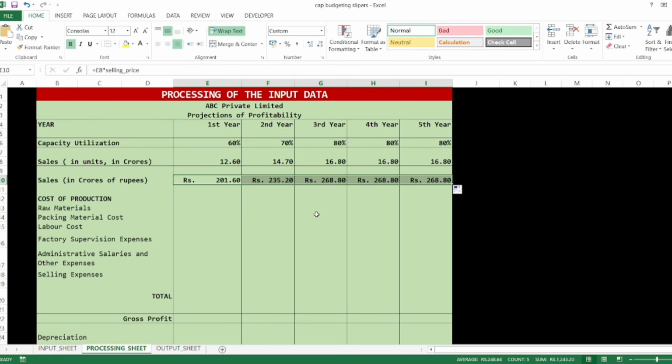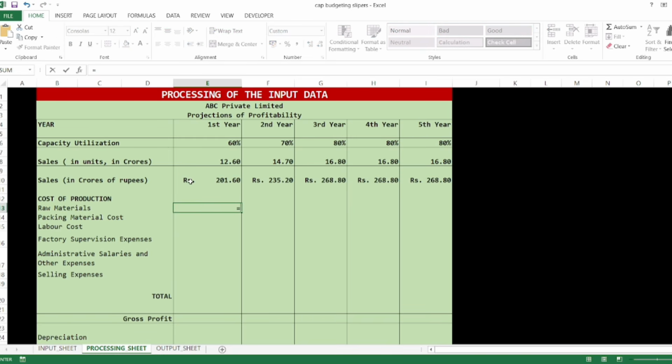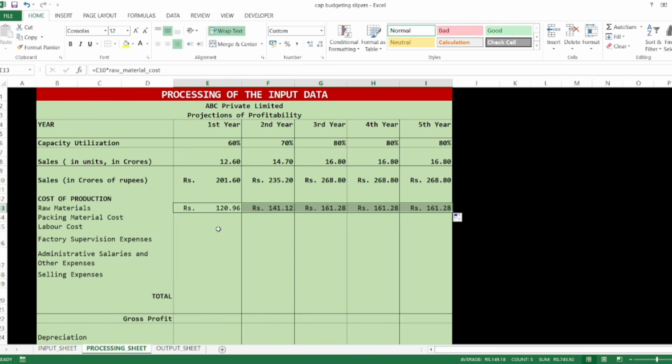So for sales again, it will be sales into selling price, so just type selling. Your drop down list will appear, then select selling price, tab, and enter. You'll get your answer.